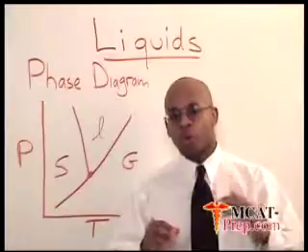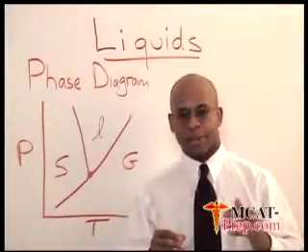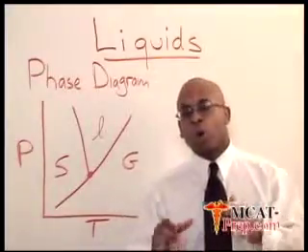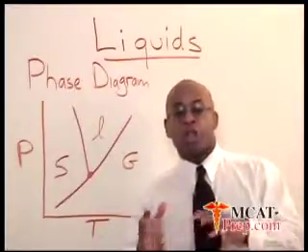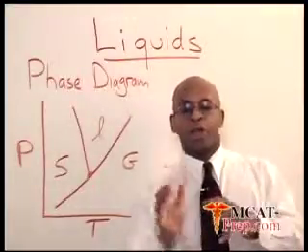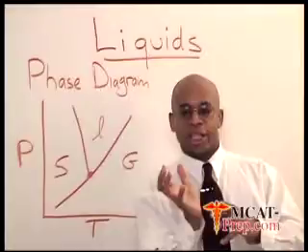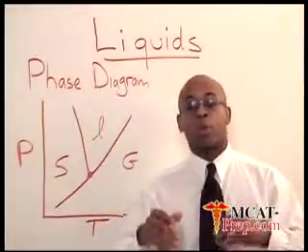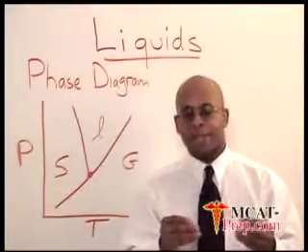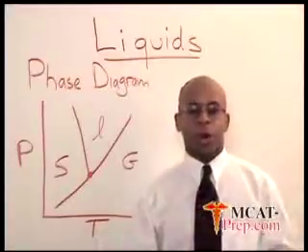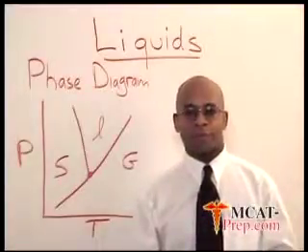Because there are fewer water molecules in the vapor phase, that means in order to boil the water, you're going to have to push harder. You're going to have to provide more energy. Therefore, the boiling point will increase because there are fewer water molecules in the vapor phase.